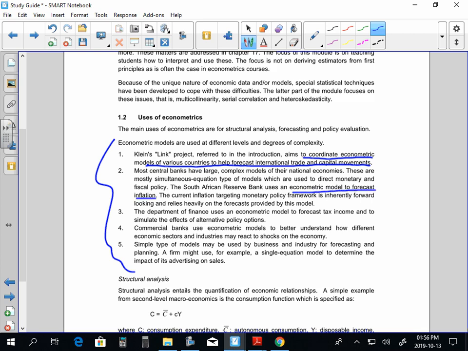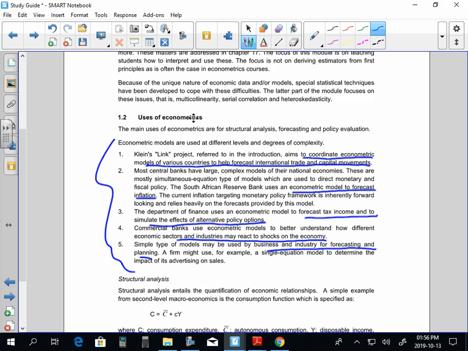So that is another use. The Department of Finance uses econometrics to forecast tax income and to simulate the effects of alternative policy options. Commercial banks use econometric models to better understand how different economic sectors and industries may react to shocks in the economy. Simple types of models may be used by business and industry for forecasting and planning.